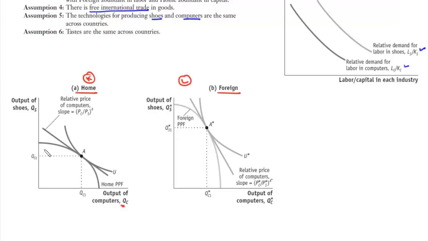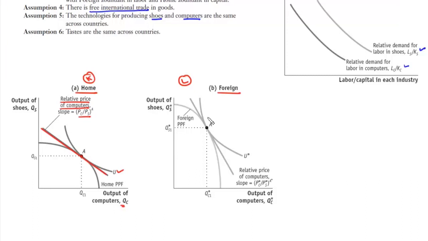Differences in resources cause different shapes for the production possibility frontier. Consumer preference at home is determined by this indifference curve U, and the autarky equilibrium in case of no trade is at this point A where both curves are tangent to each other. This common tangent gives us the slope of the relative price of computers, PC upon PS, at point A.